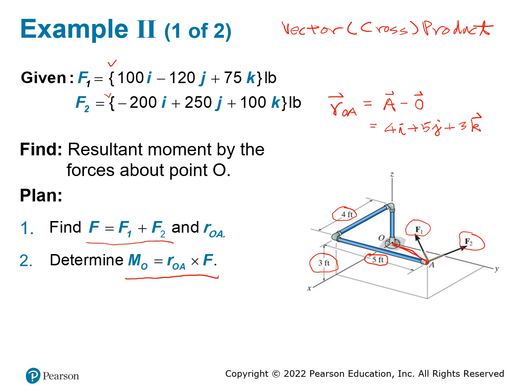By summing these two together, you just sum the same component in the same direction. So 100 minus 200, we have a minus 100 of I. Minus 120 plus 250, we have positive 130. And sum these two, that's 175.